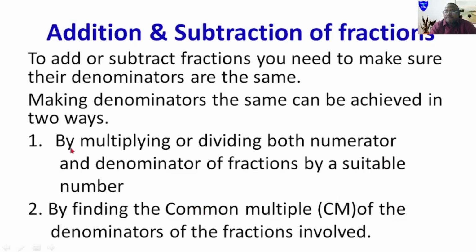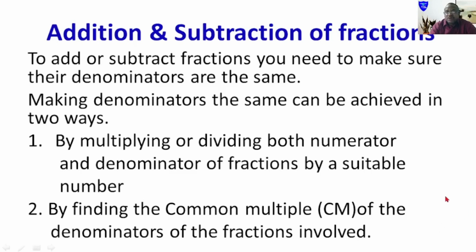Okay, you can achieve that by multiplying or dividing both the numerator and the denominator of the fractions by a suitable number. I'll show you in an example how that works. And then 2, by finding, not adding, the common multiple. Method 2 involves finding the common multiple of the denominators of the fractions involved.